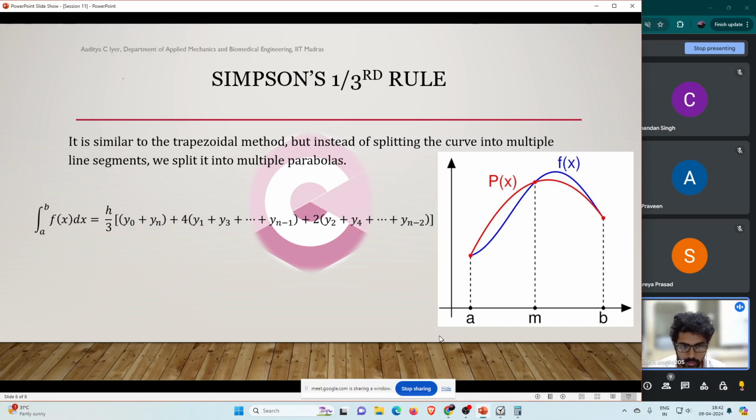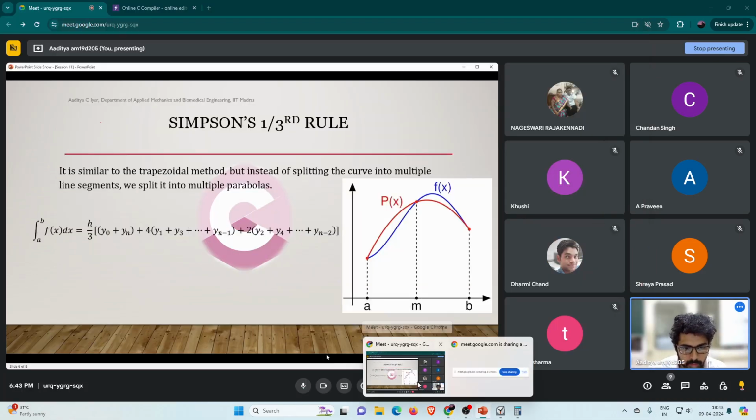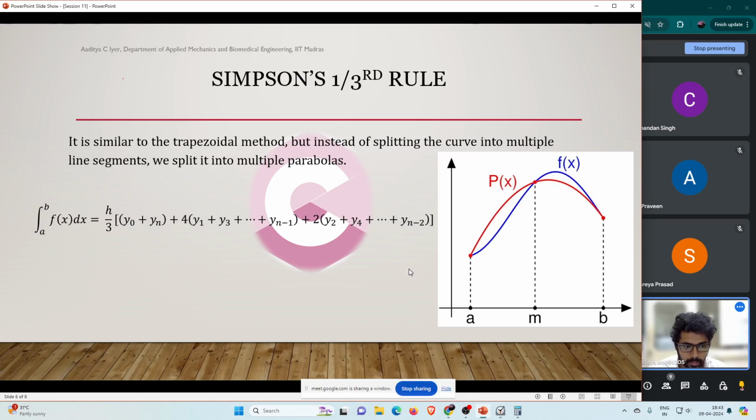So I'll explain the formula once. The integral of f of x dx, where f of x and y are the same, so to save some space I wrote y. I should have made it y of x dx, with limits a to b, equals y0 plus yn.